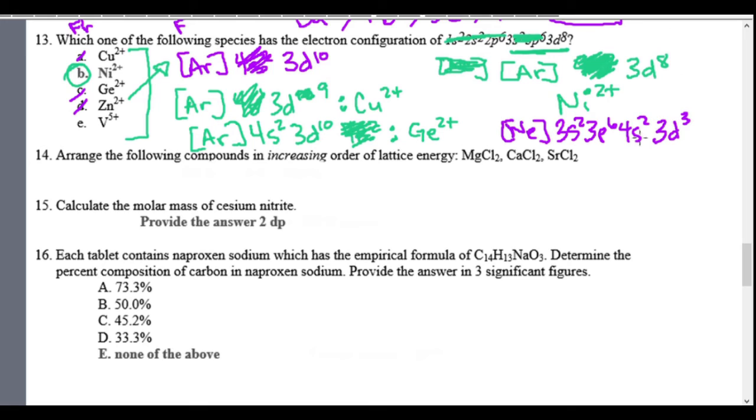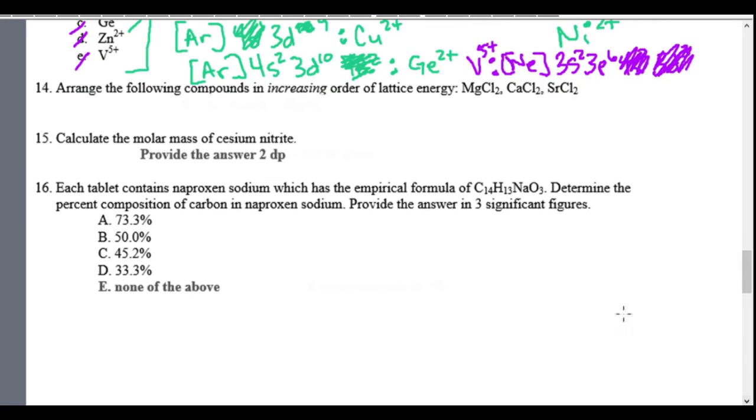Right, so taking 5 away from that, 1, 2, and then this is going to be further out than the p orbital. So we're going to get rid of 3 from here. This would be vanadium 5+. So that's not what we have. So that's not correct.